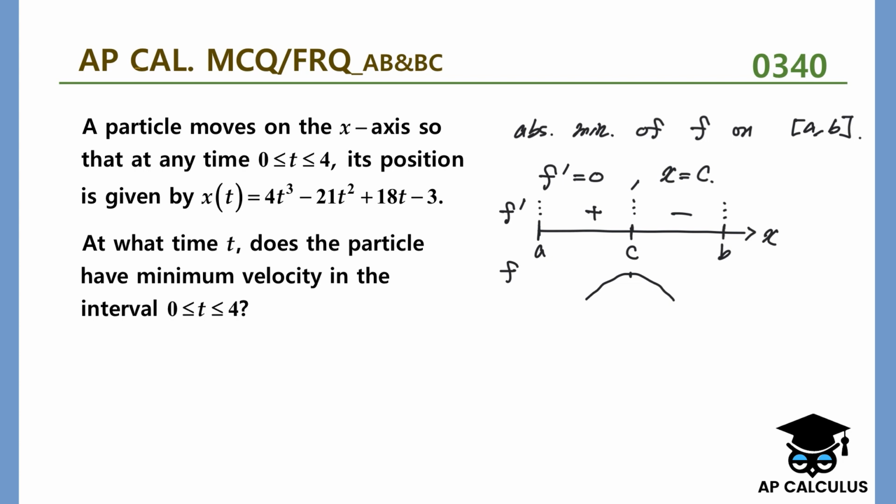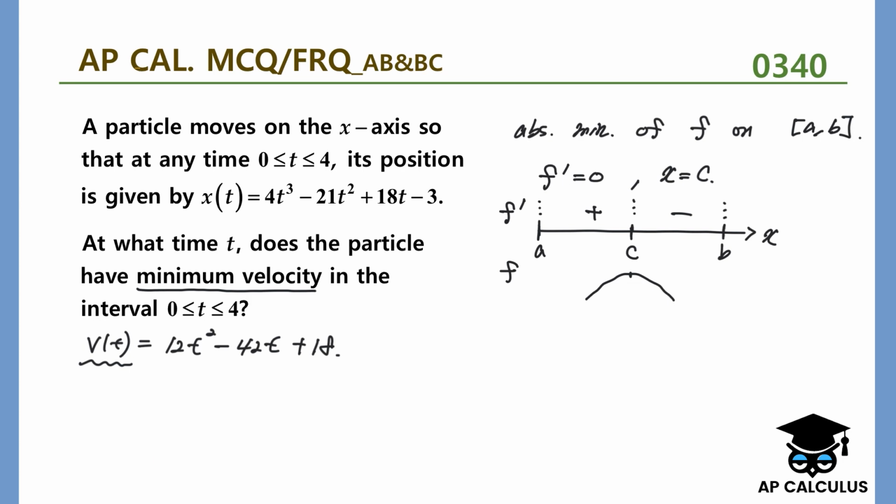Here, the question is asking us to find minimum velocity, right? Here, velocity is equal to the derivative of the position, 12t squared minus 42t plus 18, right? So in order to find the minimum of this, we have to find the derivative of velocity and set that equal to 0 and find time t.